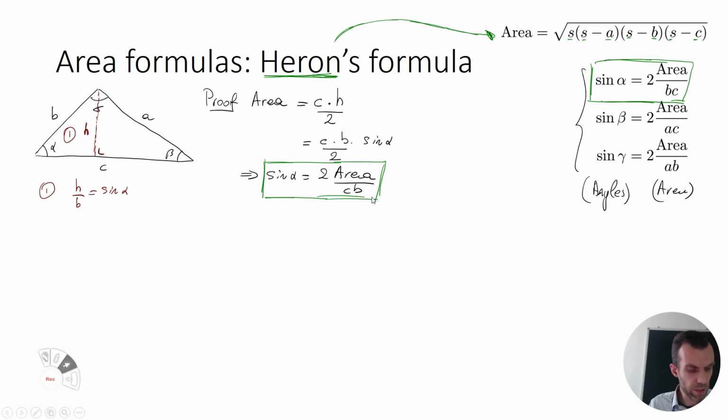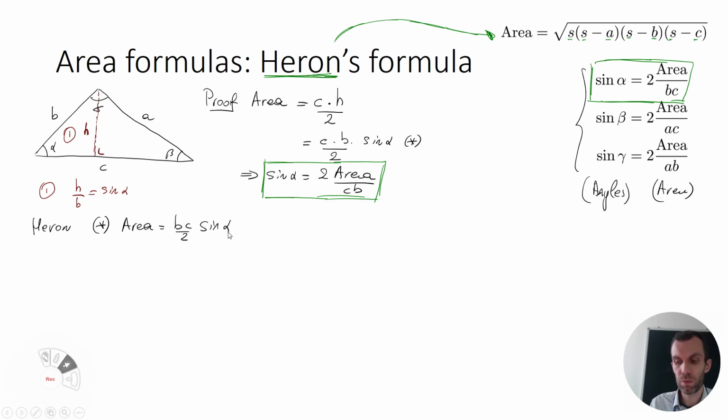So now let's keep moving on, and let's see if we can get to Heron's formula. What I'm going to do now is I'm going to take this expression here, and I'm going to work it out a bit more. So here we want to get at Heron. So we know area is bc over 2 sine alpha.